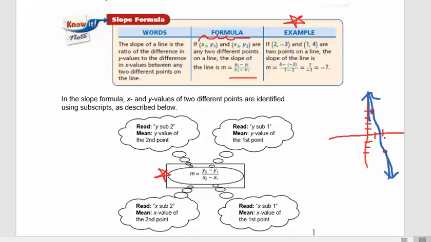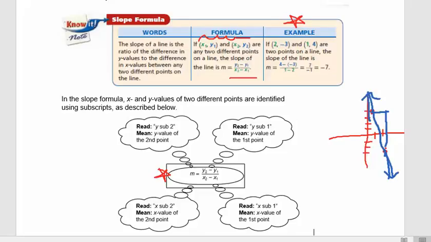You could also use Sketchpad or an online graphing program or a graphing calculator if you have them, and then find the slope by doing rise over run. If you're really good at graphing, maybe on coordinate paper, you could do that. But the slope formula lets us do it without graphing.